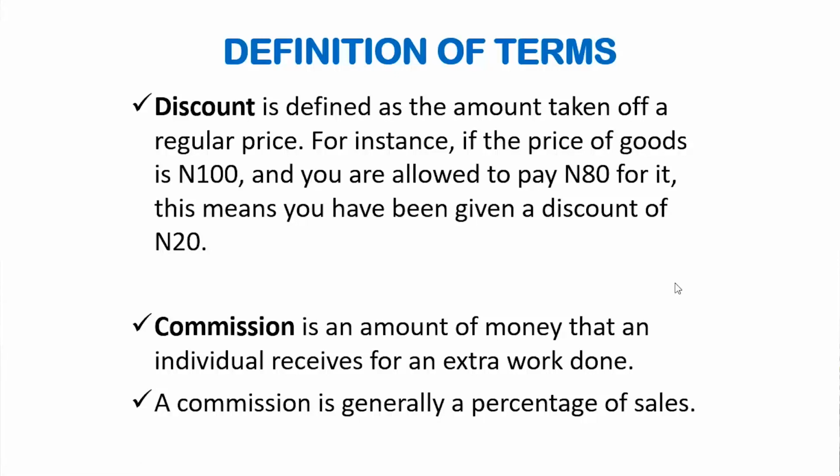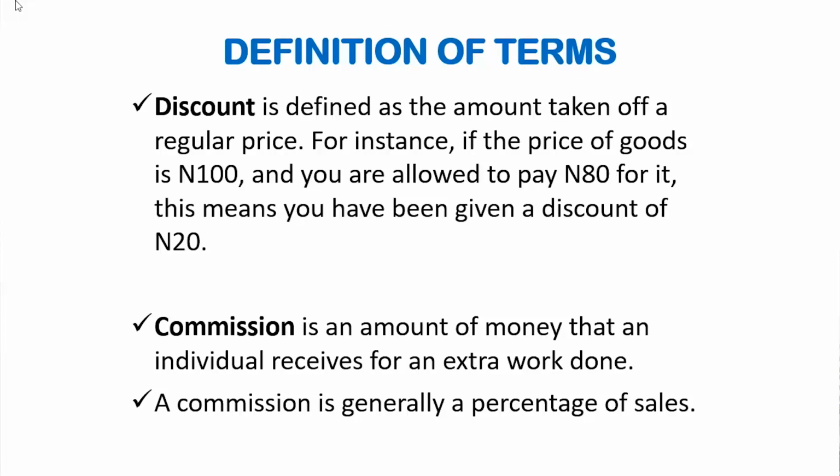So what is discount? By way of definition, discount is defined as the amount taken off from a regular price. For instance, if the price of goods is 100 naira and you are allowed to pay 80 naira for that goods, what that means is that you have been given a discount of 20 naira.